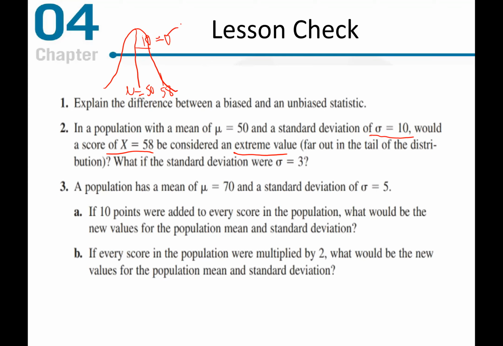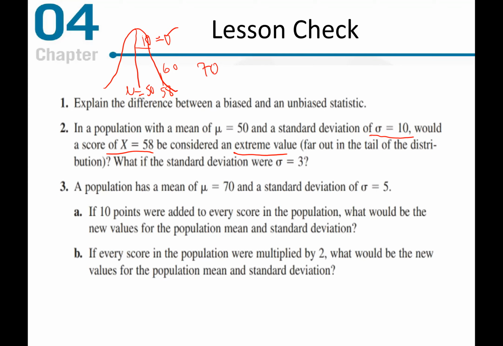What we said was an extreme score is going to be a score that is 2 standard deviations or more away from the mean. So in this one, if the mean is 50 and the standard deviation is 10, one standard deviation above the mean would be 60. 2 standard deviations above the mean would be 70.